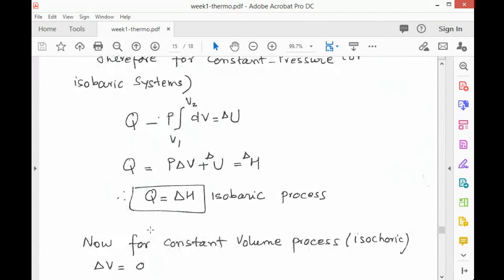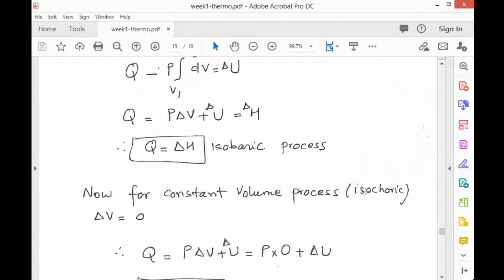Now again go back to the top and suppose that we have an isochoric process, a constant volume process. In the constant volume process, delta V will be 0 because the volume does not change, the piston does not expand.